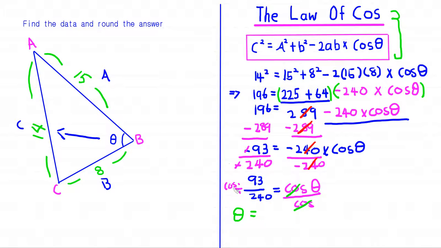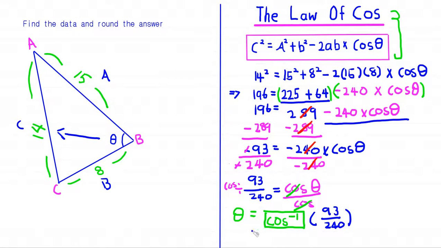We learned that in order to leave theta on one side, we use the reverse trigonometric function, which is cosine to the power of negative 1. The negative 1 shows the inverse. So theta is equal to cosine inverse of 93 over 240.